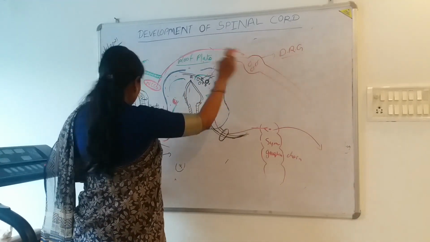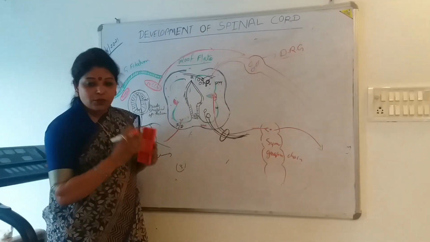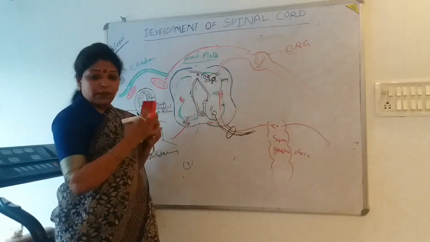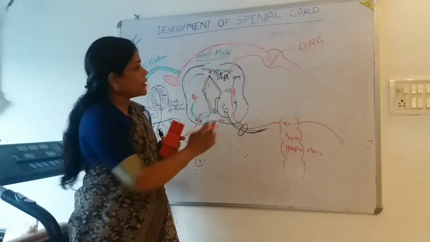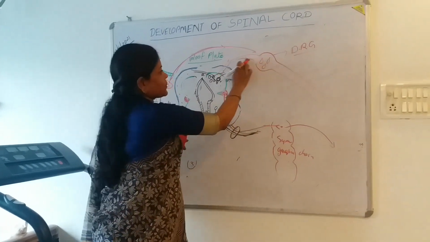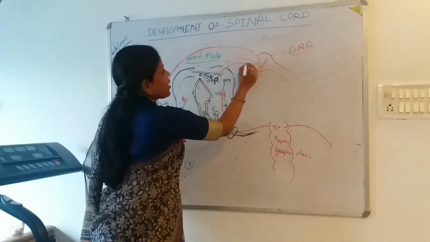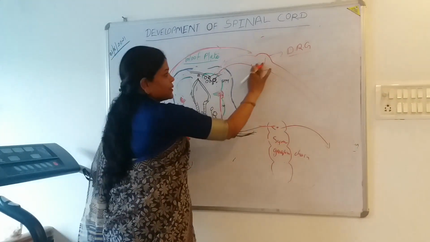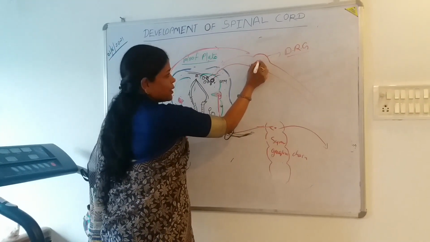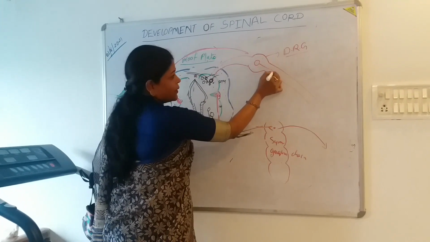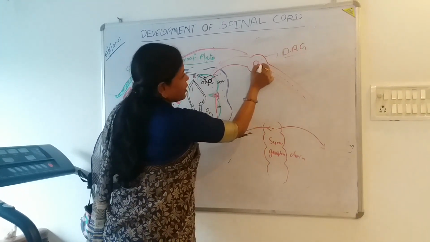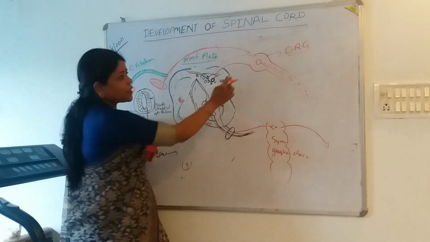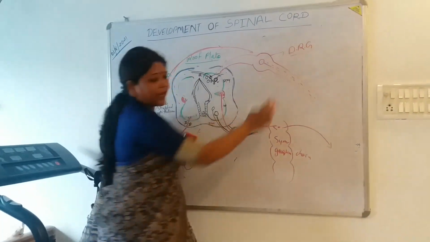Then what do these cells do? The neurons which are present in this ganglia, what does this neuron do? It has two processes. Isn't it? Pseudo. Two processes are emerging from these neurons present in the dorsal root ganglia.